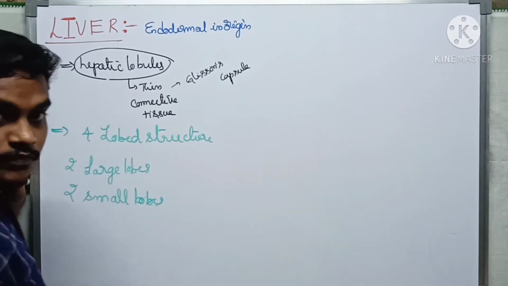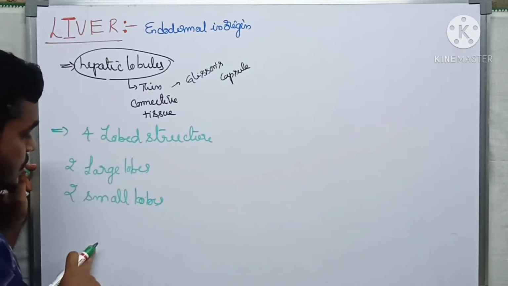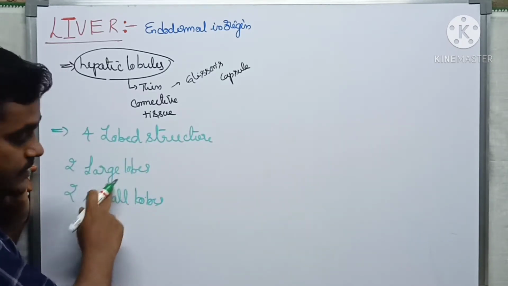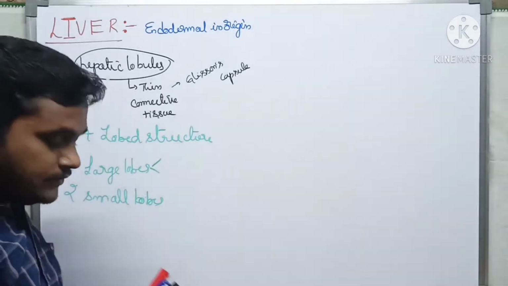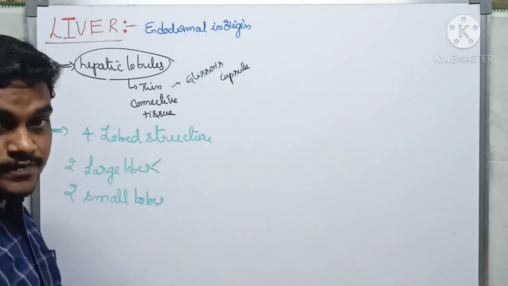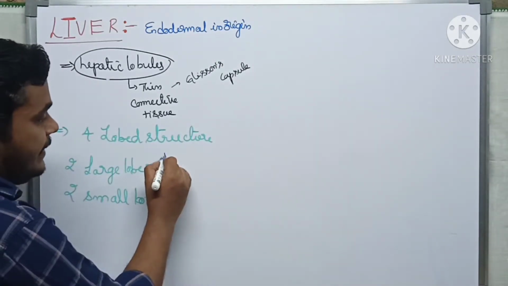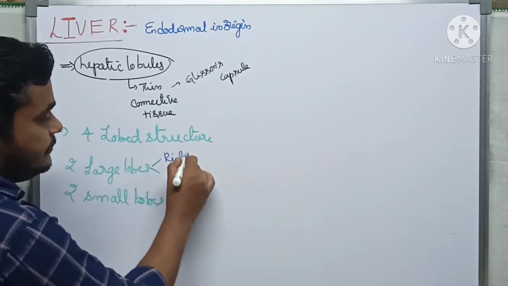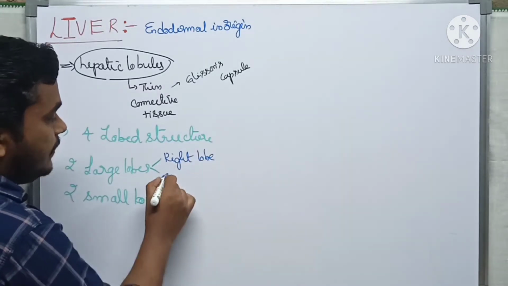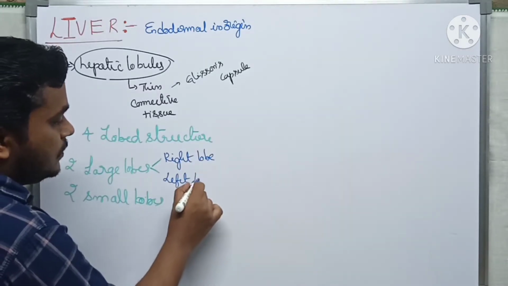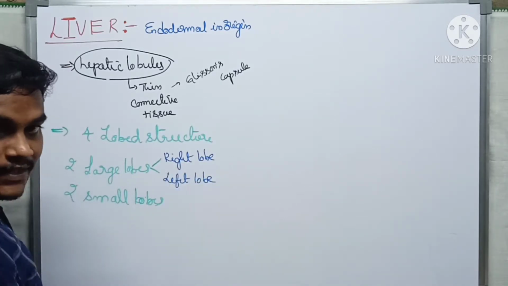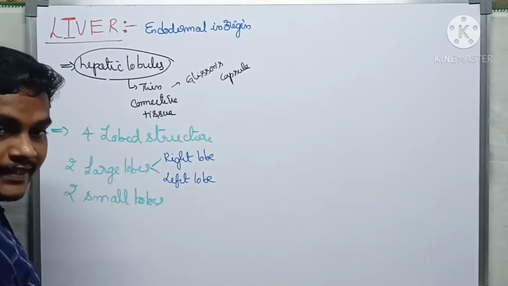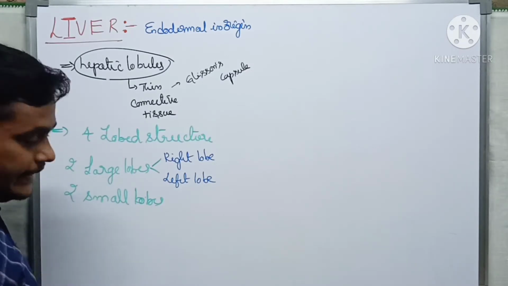Of the four lobes, two are large lobes and two are small lobes. The large lobes are the right lobe and the left lobe. From the right lobe, the right hepatic duct arises. From the left lobe, the left hepatic duct arises and they form a common hepatic duct.